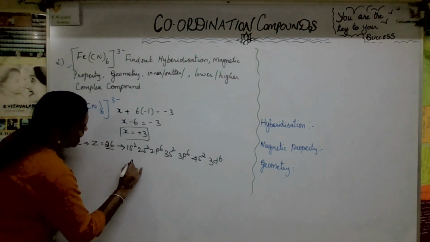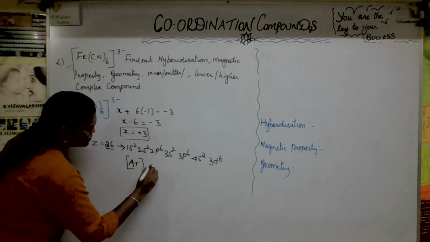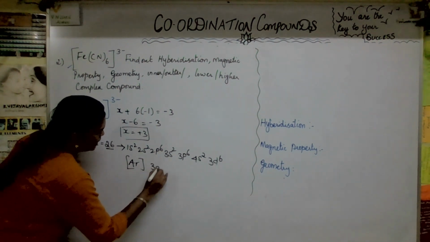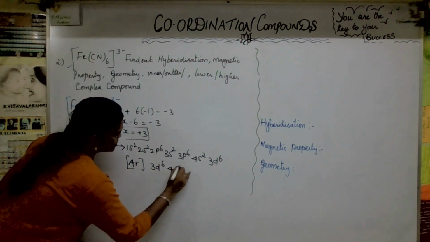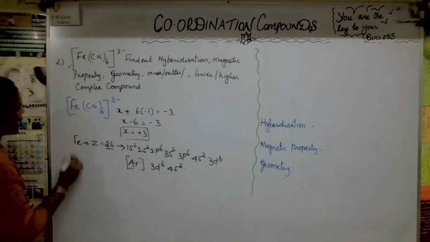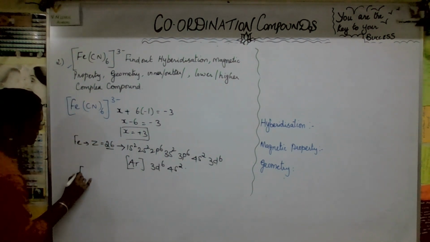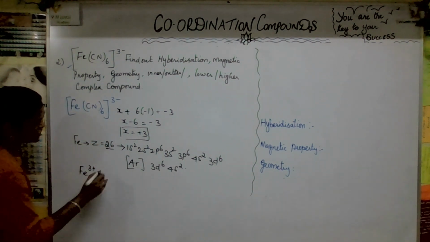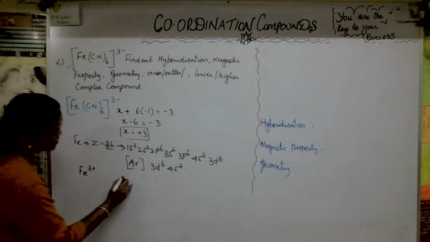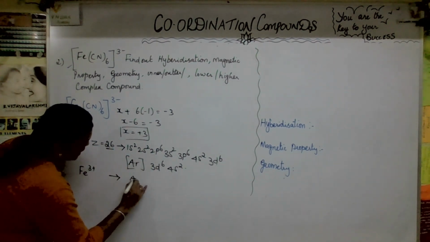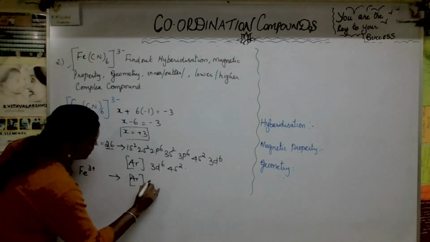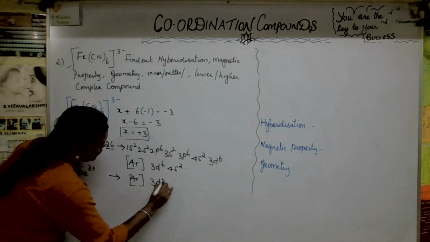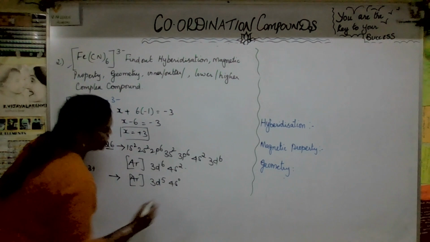Now how can we write it another way? That is Ar, argon, 3d6, 4s2. Okay, now this is iron, and this is actually Fe3 plus, right? So leave 3 electrons from the outermost orbitals. So we can write it Ar, 3d5, 4s0.